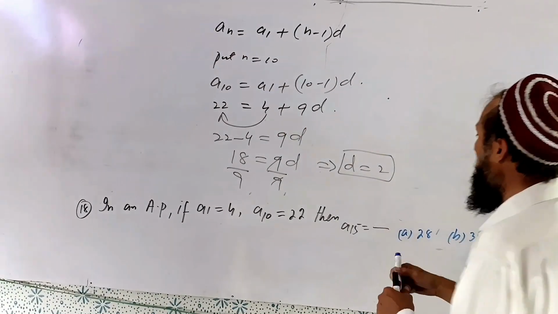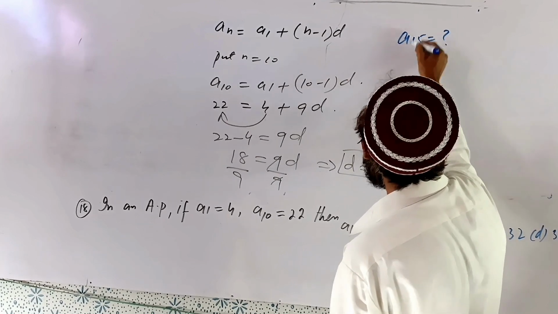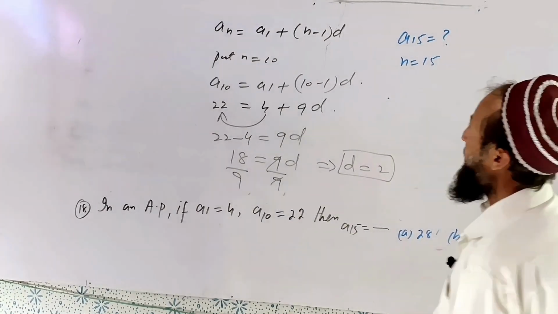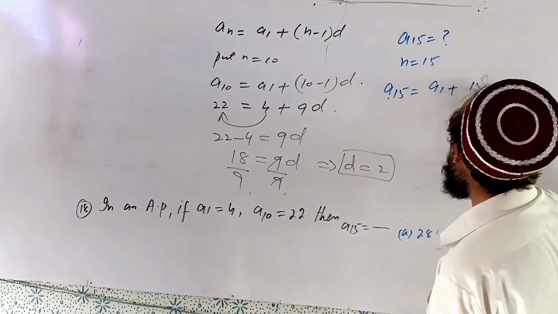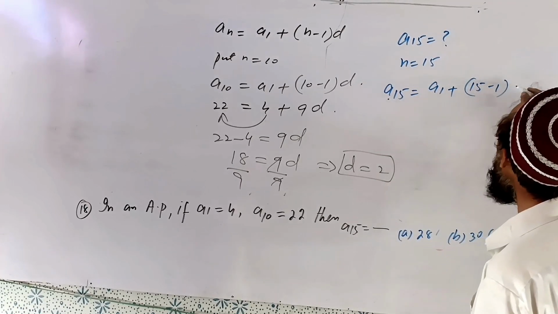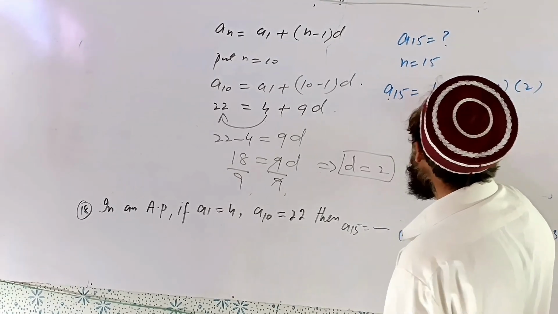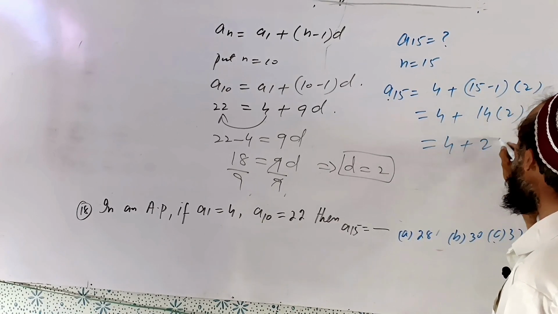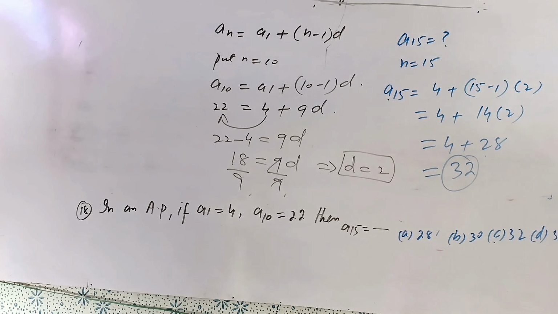So a15 is required. Again we put n equal to 15 in this sequence. So a15 is equal to a1 plus 15 minus 1 times d, and d we already found is 2, and a1 is already known to be 4. So 4 plus 14 into 2, we get 4 plus 28, and if we add this, 32 is the correct option. Here C is the correct answer.